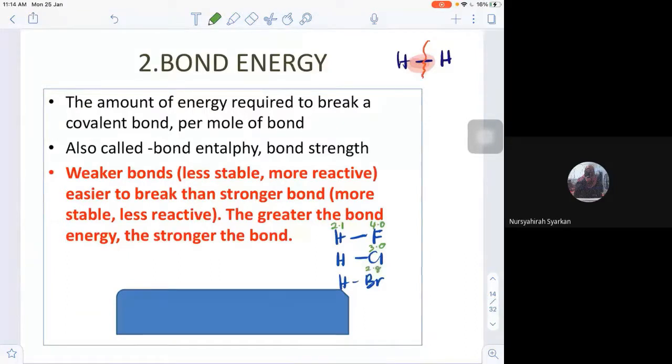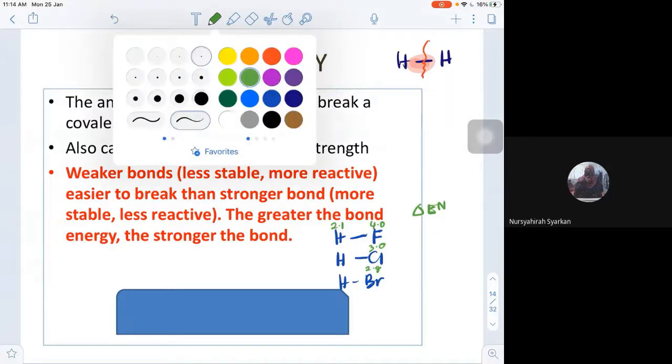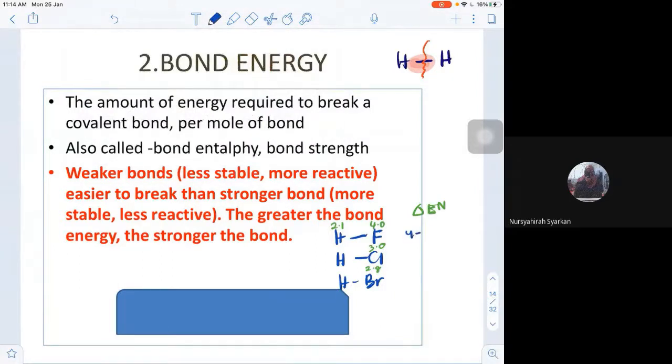Yes, and then bromine? 2.8, right. So when we calculate delta EN, remember delta is the change, the difference in the electronegativity. The delta EN for the first one, HF, will be 4 minus 2.1, which is equal to 1.9.